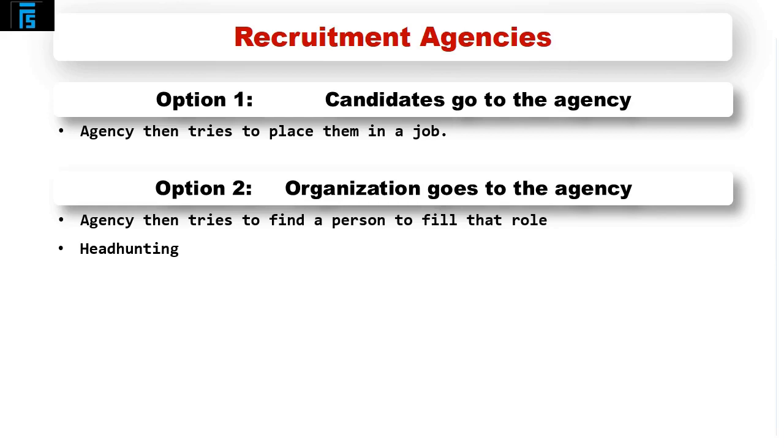But that's not the only way it can operate. The alternative way things can operate is the complete reverse of that. It's what is sometimes called headhunting. The idea behind headhunting is that the company goes to the recruitment agents and says, we have got a job, please find somebody to fill it.